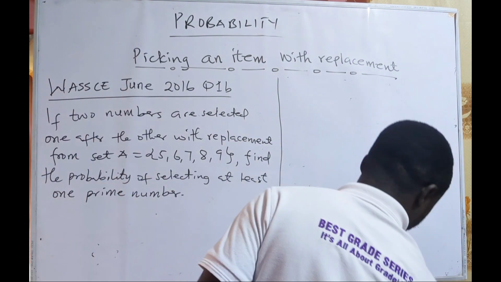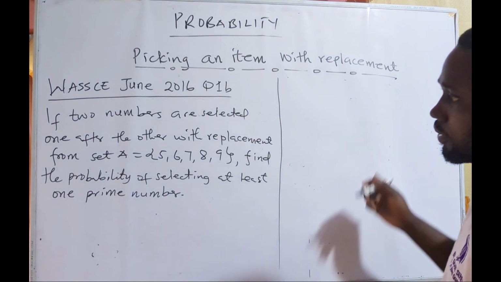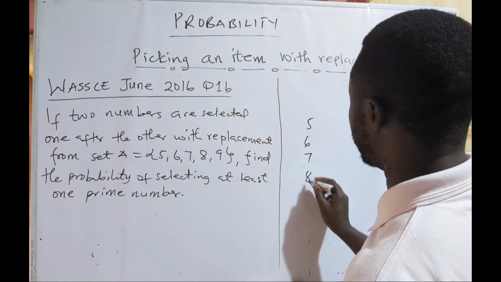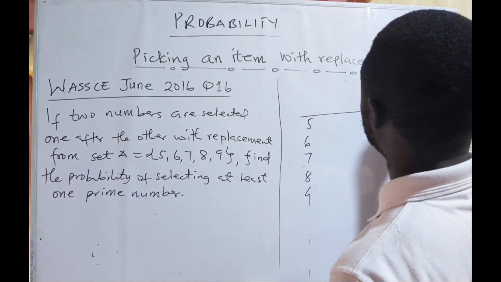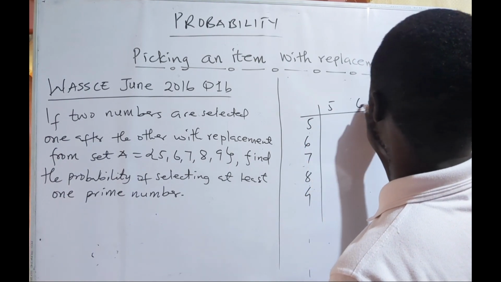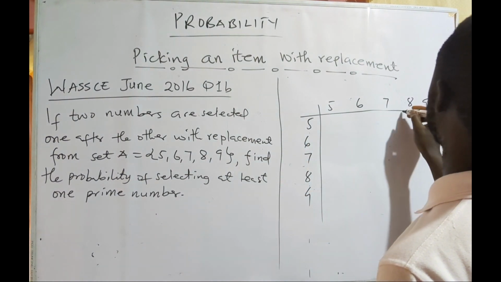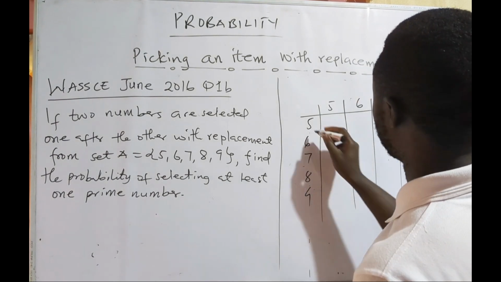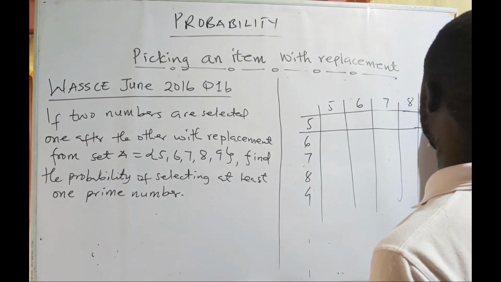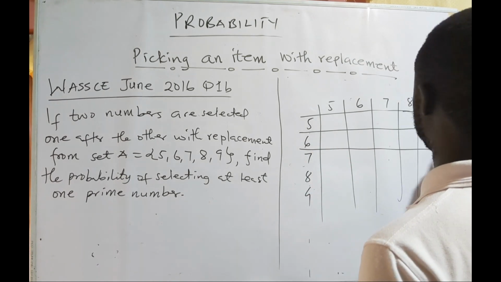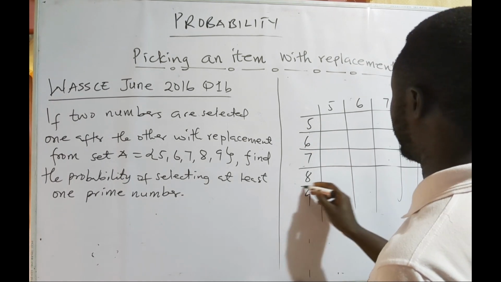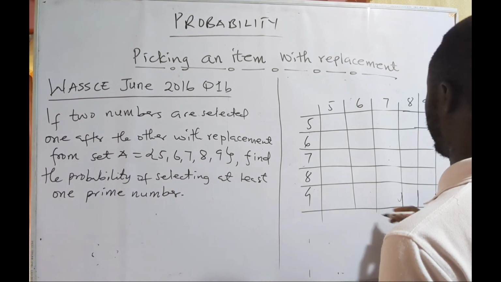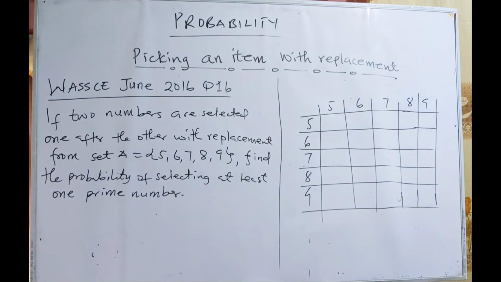All right, so you can have 5, 6, 7, 8, 9 on both sides.